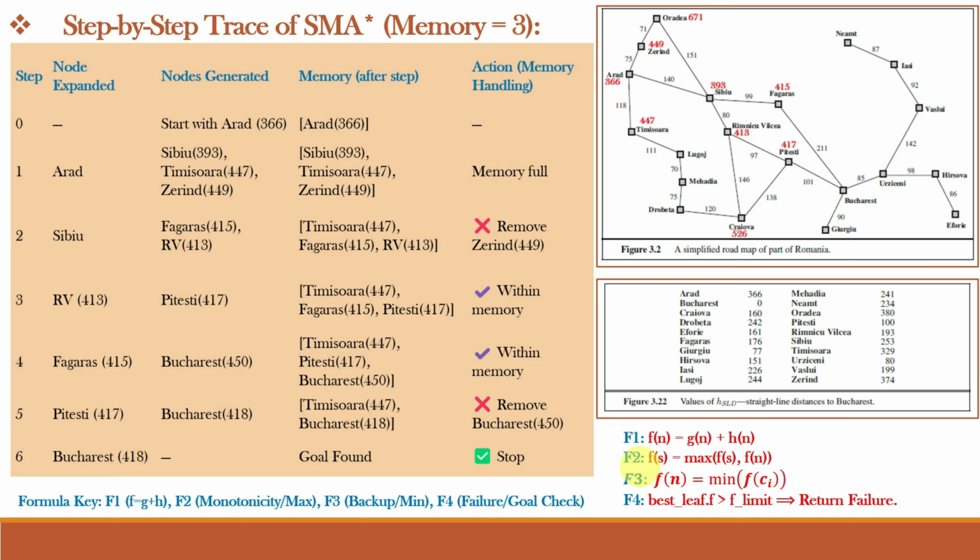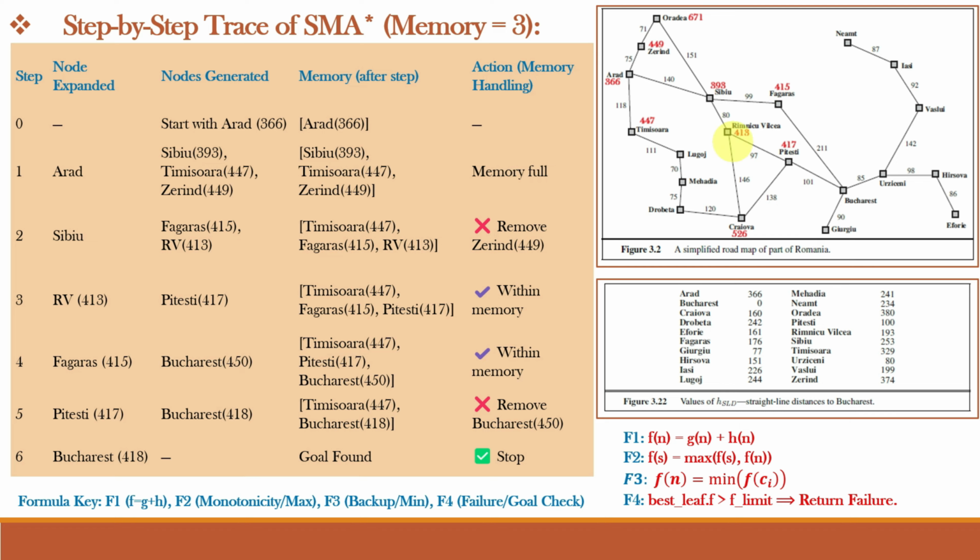Using formula F2, F of Fagaras is equal to the maximum of Fs. Fs now will be the parent of Fagaras, which is Sibiu, that is 393. So the maximum of 393, comma 415. And what is the maximum? 415 is the maximum. So Fagaras will get value 415.